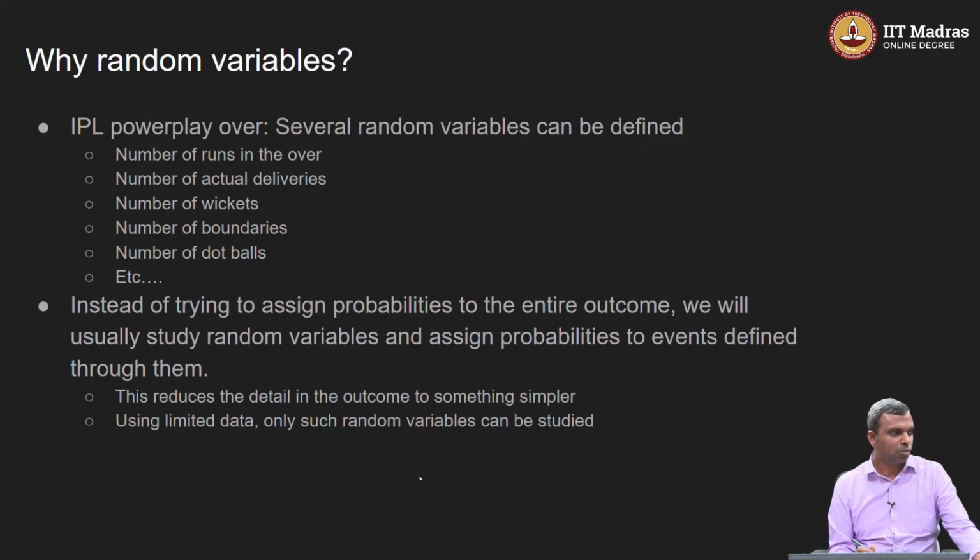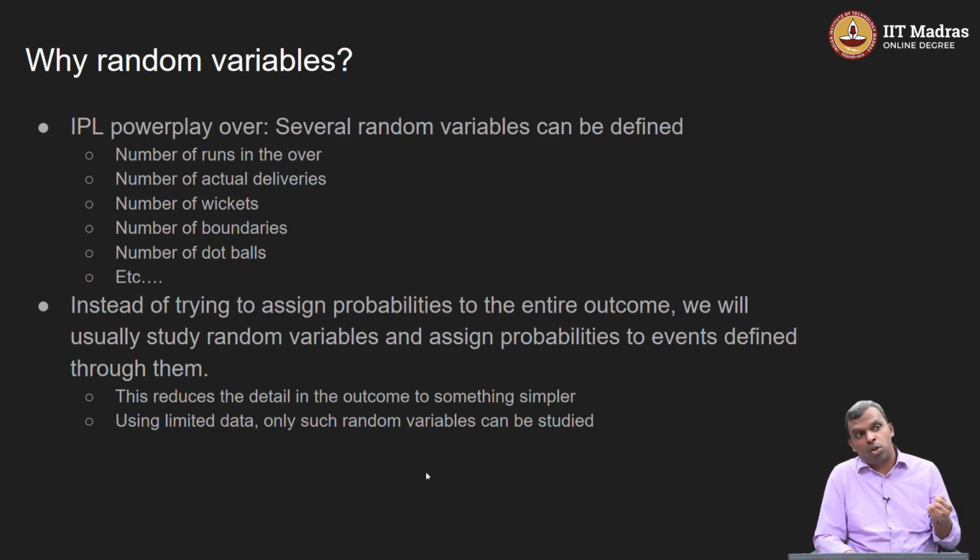Okay. So I'll leave you with this thought on why random variables. This is the first part of defining random variables. You may wonder, why do you need random variables? We already know the sample space, etc. So if you look at the IPL Powerplay over, when you look at complicated outcomes where lots of things are happening, you usually get lost trying to assign probabilities to outcomes, right?